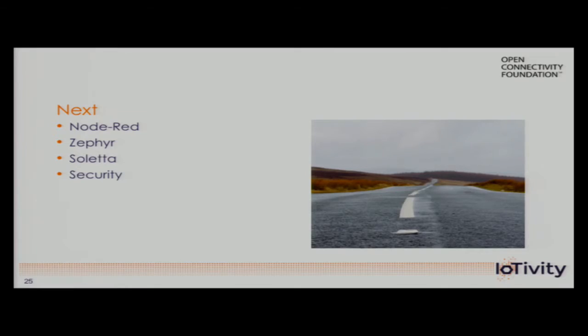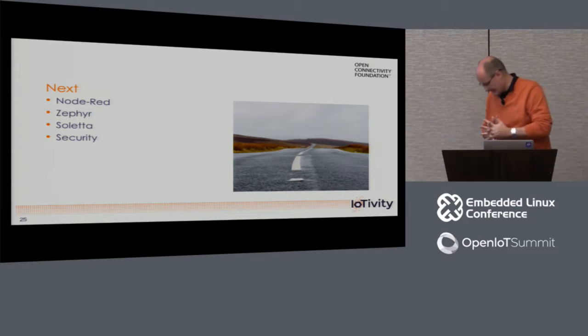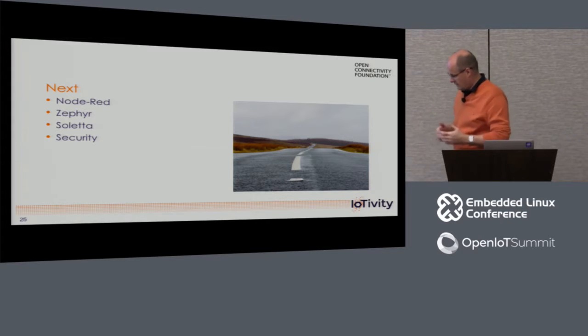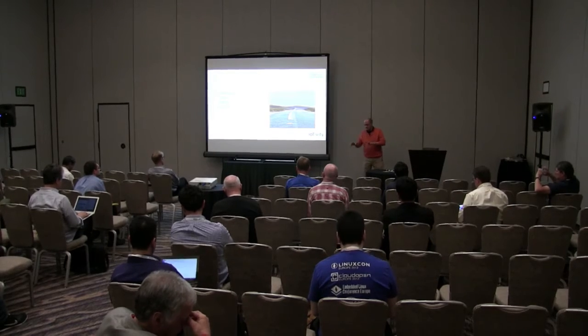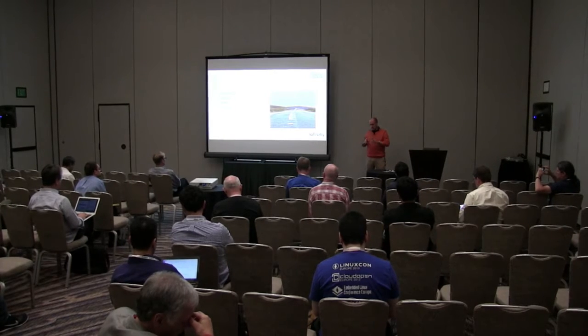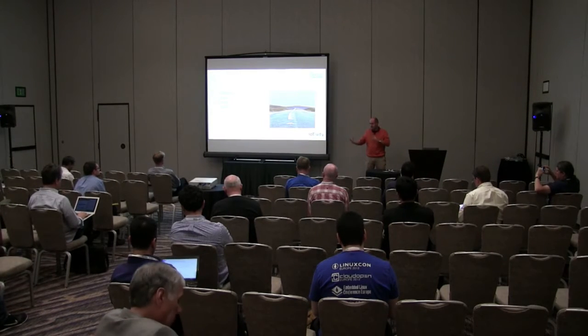So briefly, the next steps, what we are planning on doing. Node-RED is yet another application on top of Node. It's a flow type of programming, where you can visualize. You have a lot of modules there, like HTTP server and CoAP, and you can just draw your application and then connect them and say, okay, now this event means this one.